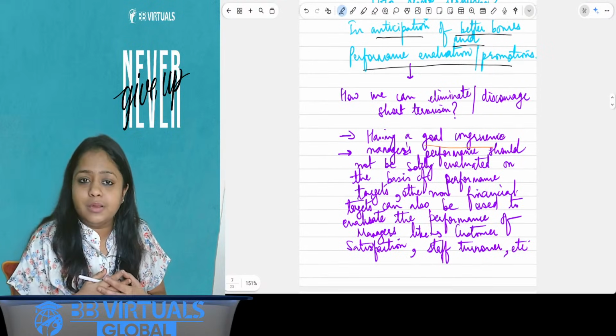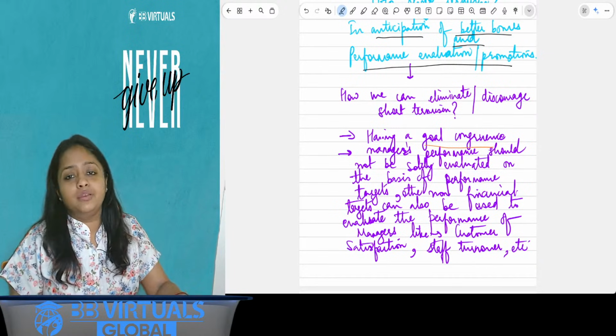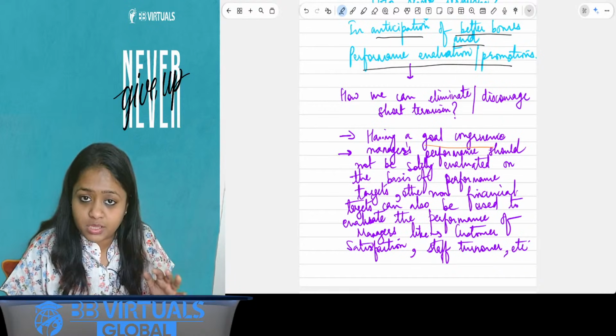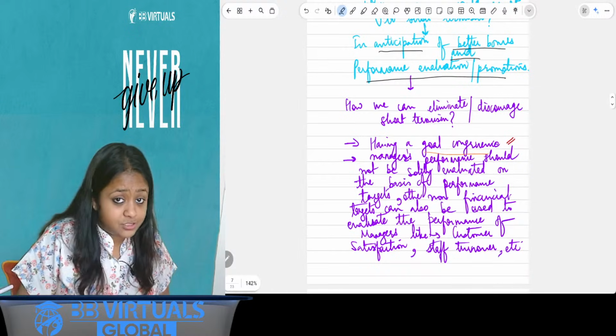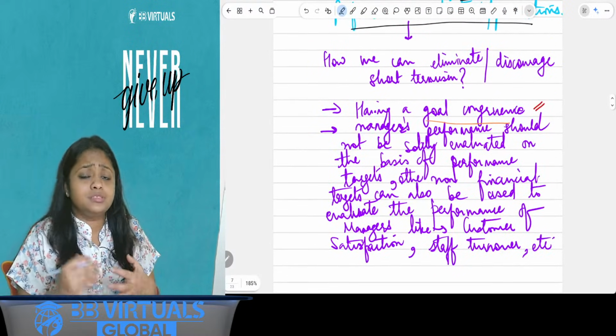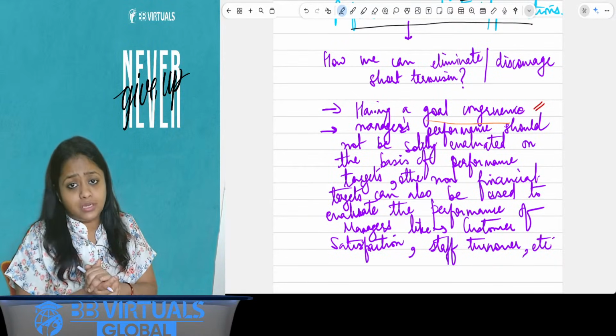Now the question sometimes can ask you how you should eliminate this short-termism. How to make the managers look long term and more towards goal congruence? What are the steps or pointers to see here? Number one, having goal congruence is essential if we want to eliminate short-termism. That means not just the managers, the management should also work in a way that the managers feel a part of the organization.